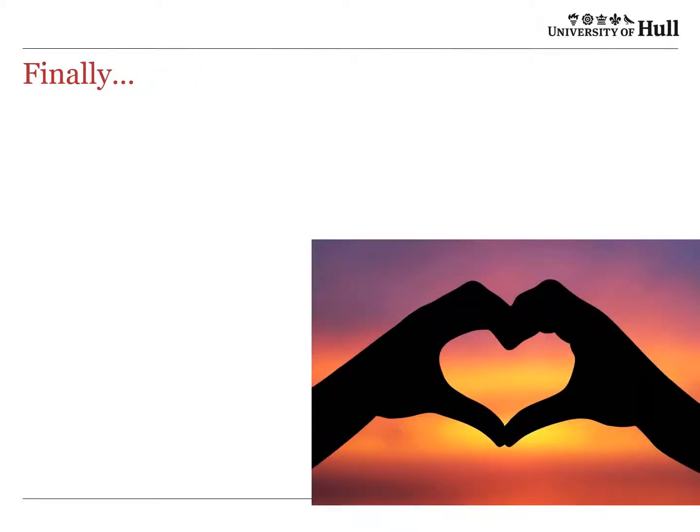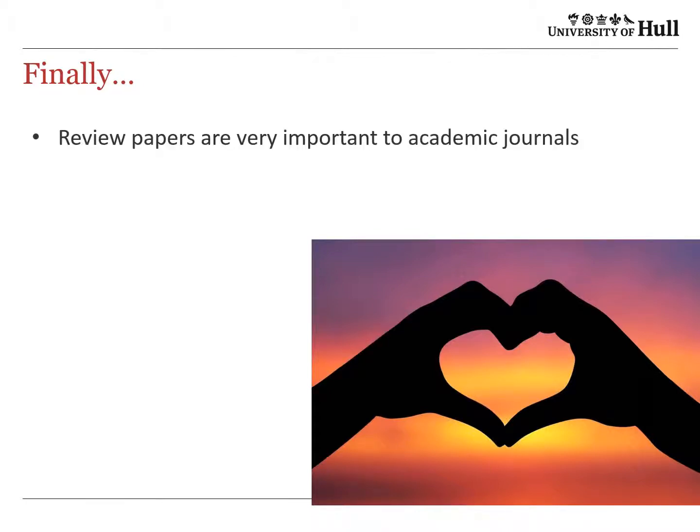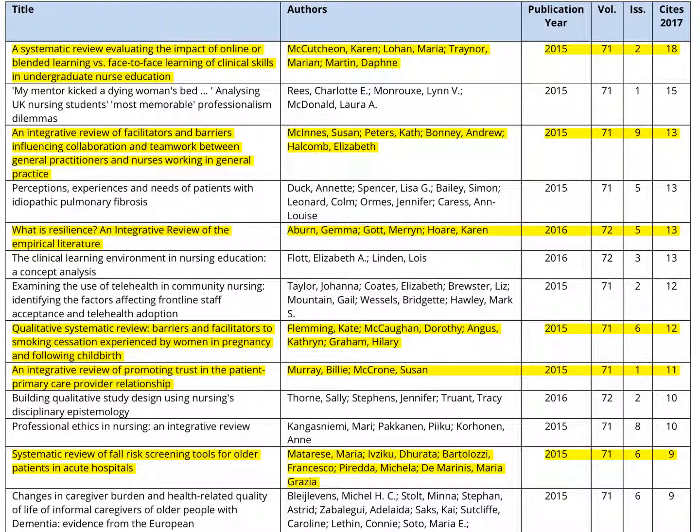And finally, just a very quick word on how much journals like systematic reviews. Review papers are very important to academic journals, and I edit the Journal of Advanced Nursing, and I'm just going to show you how important it is to us. Here's a recent table from my journal looking at citations in 2017 and looking at the top cited articles, and in the top 10 cited articles, 5 of these were systematic reviews.